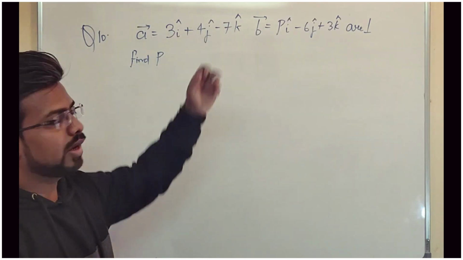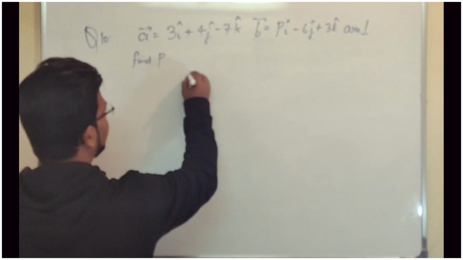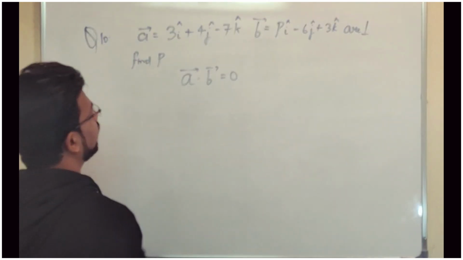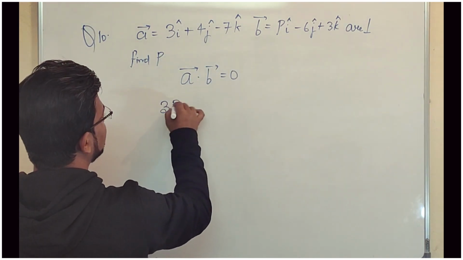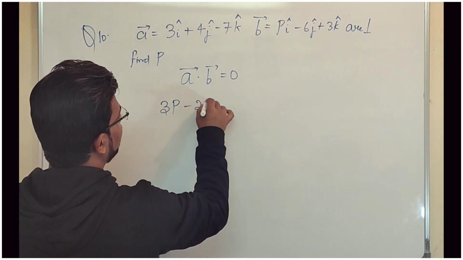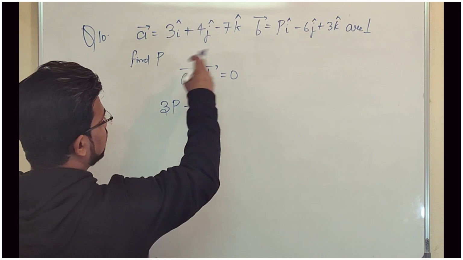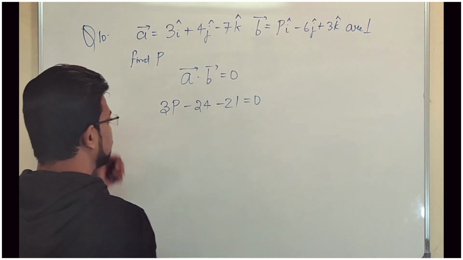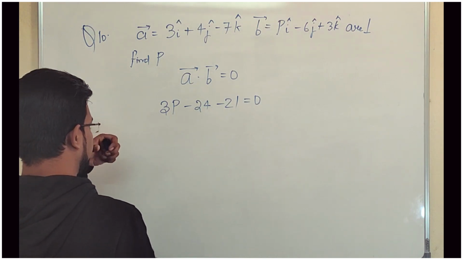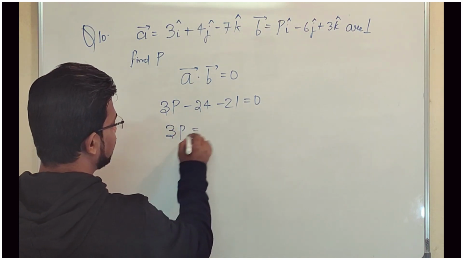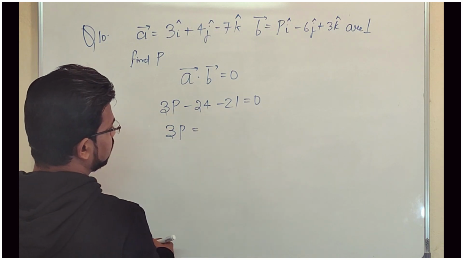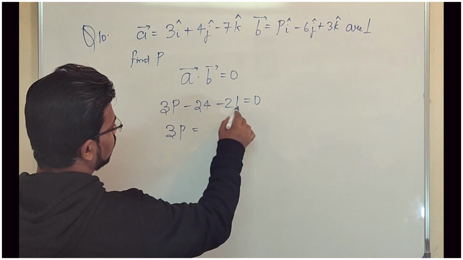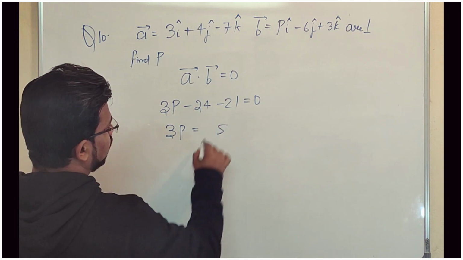We have two vectors and they are perpendicular. What is the logic that we need to apply? We know that a vector dot b vector has to be 0. If that is so, then I'll be writing 3p, then minus 24, minus 6 4s are 24, and then we have minus 21, and this is equal to 0. So 3p, this will be what? 4 plus 1, 5, and then 4.